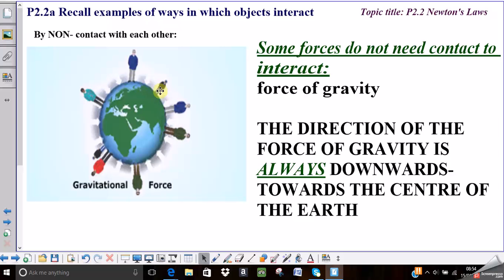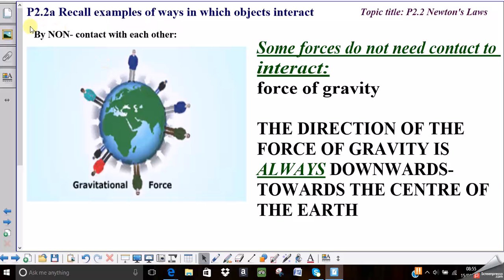Here, if we see different people standing around the Earth, the arrows will always point towards the center of the Earth. The direction of the force of gravity is always downwards, always towards the center of the Earth.